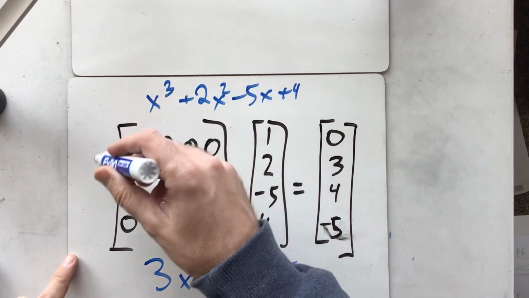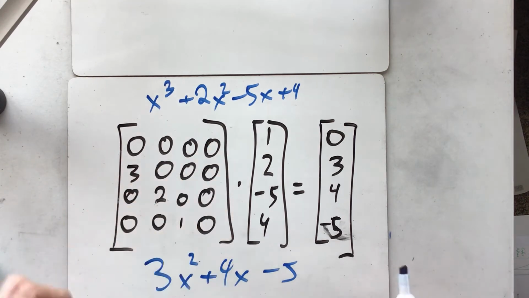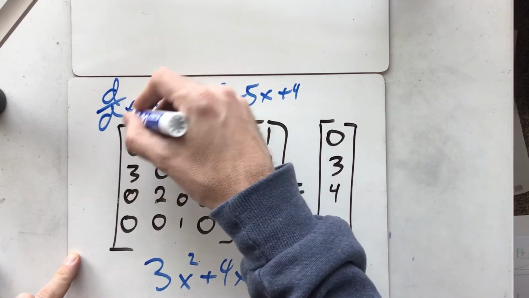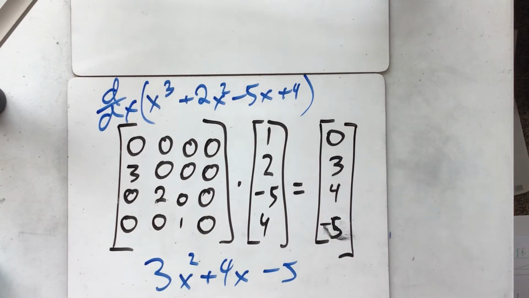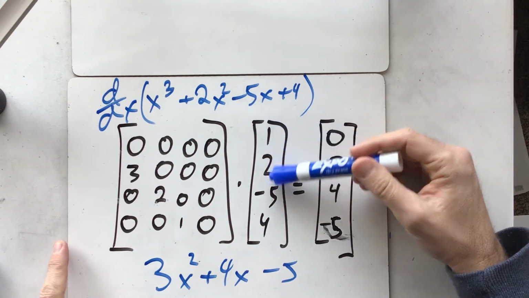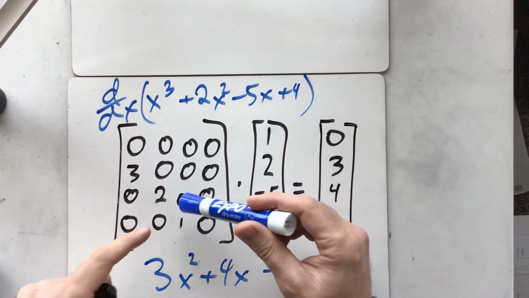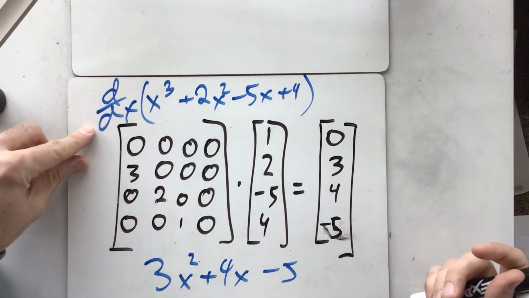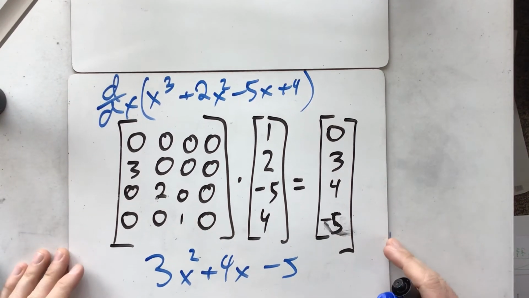And if you look closely, you might recognize what this matrix is actually doing. It's taking the derivative of this thing. So we can think of polynomials as vector spaces, and then we can write matrices that do all sorts of interesting operations to those polynomials. For example, we can write a matrix that takes a derivative of a polynomial.